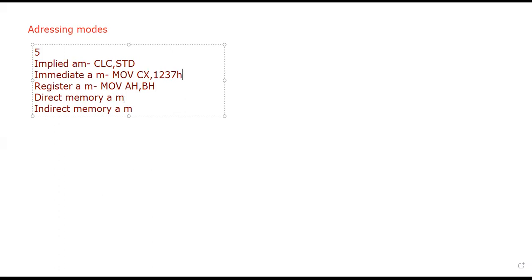Then direct addressing mode. Direct addressing mode, in the sense, this is a very fast one. Why? Because the values are initially stored in a register, and registers are a component of your processor.